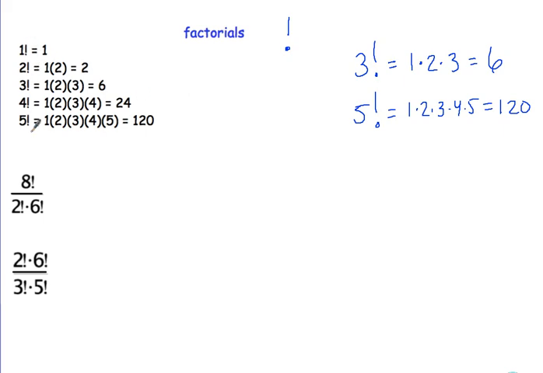So here's the first 5 factorials. You might want to just be aware of these numbers, because if you see those in a problem and you have to write an equation, it would be helpful to recognize this pattern as factorials.